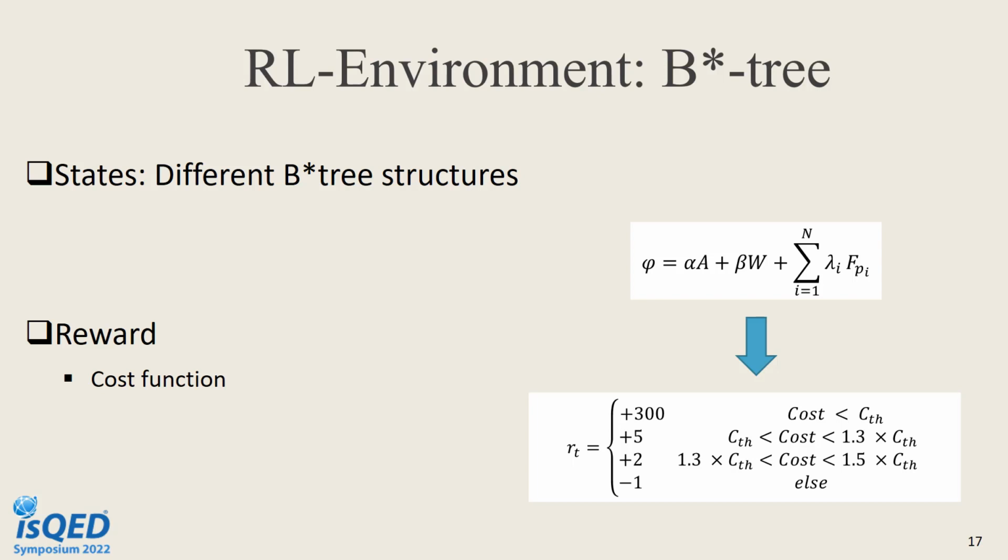Based on this cost function, we calculate the reward. We have a user defined threshold cost that in our study is 700. Based on the comparison between the cost that we calculate by this formula and the threshold cost, we calculate the reward and send it to the agent.